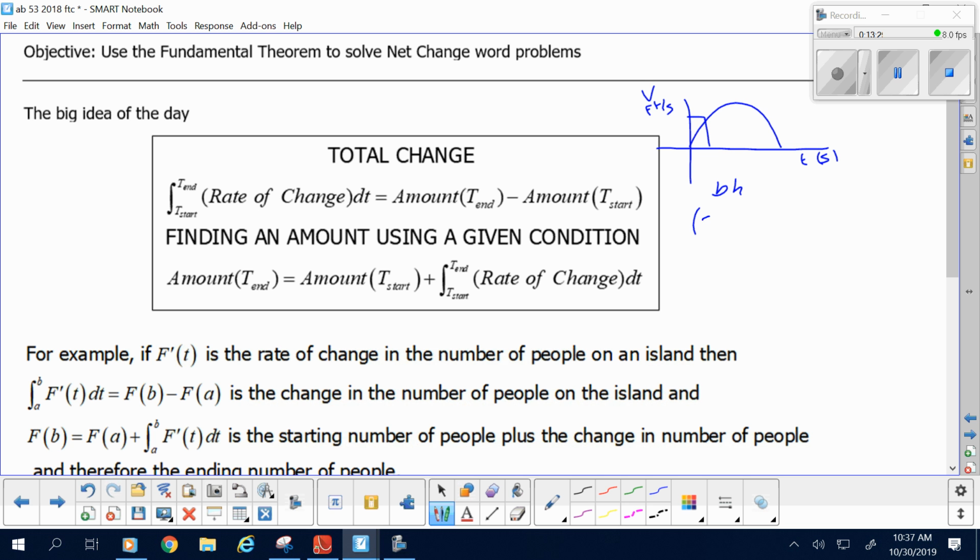And the height is seconds, and the velocity is feet per second. And so that area represents feet traveled in that time frame. If I said this rate is actually problems per minute, and I had you find the area under that curve, then you're talking problems per minute times minutes. You get problems. So integrating a rate of change gives you an amount of change.